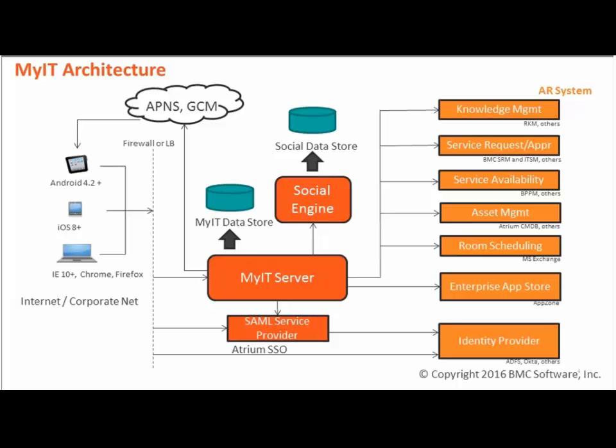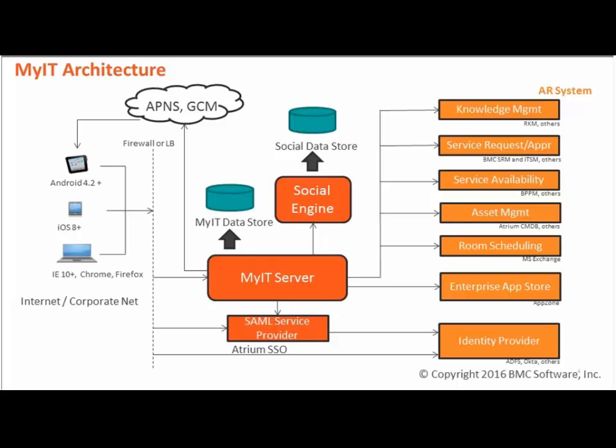So we send the data from the MyIT server to the Apple push notification service or the Google Cloud messaging service, and then from there it will push to the end user's devices. So that's another integration that we have.